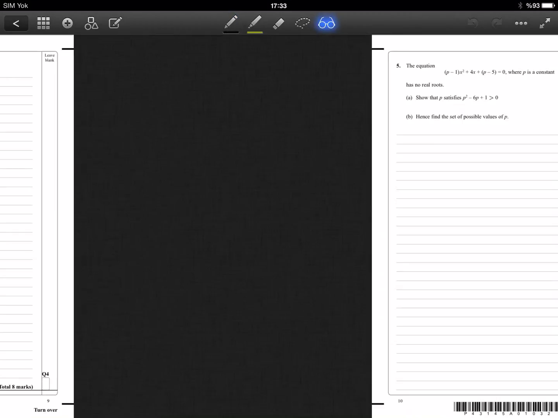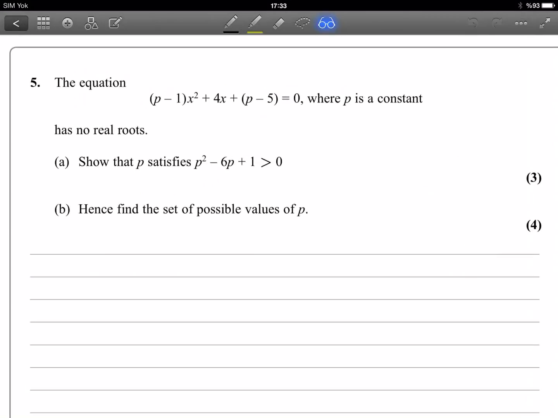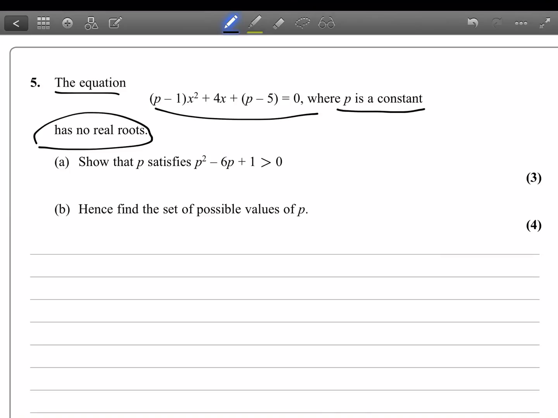And continue with another question, and it says the equation is given where p is a constant. It has no real roots. Okay, it's a quadratic equation, and if it has no real roots, the discriminant is less than 0. Delta is defined by b square minus 4ac. What does it mean?